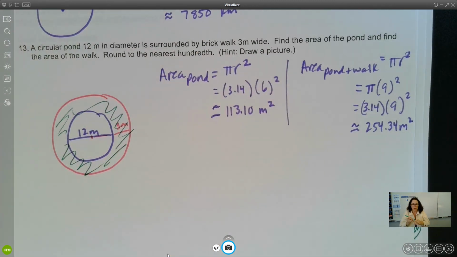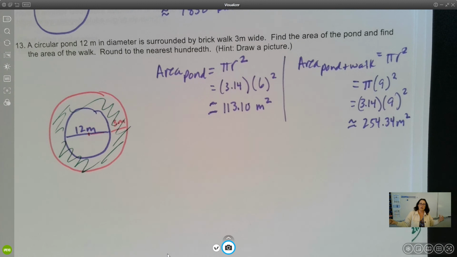Aren't we going to find the area of the whole thing and then take out the pond? We're not going to be bricking the water, the pond. You're subtracting that part out. We want to find the area of the whole thing, but we don't want to buy brick to cover the water.